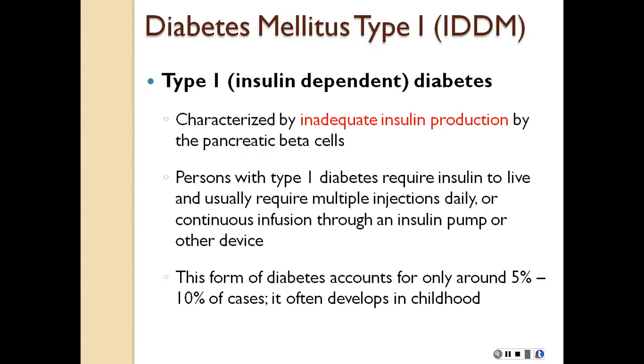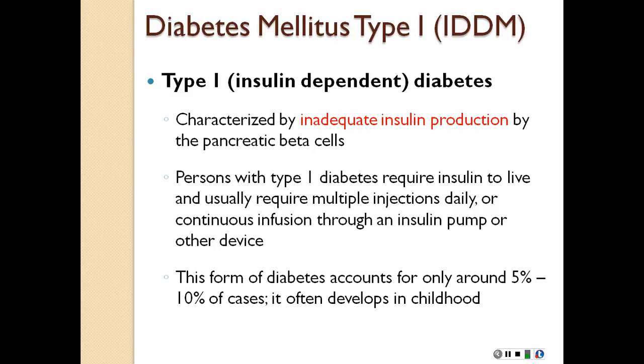Insulin. So they're going to need insulin injections or an insulin pump or other devices. And this form of diabetes mellitus accounts for only about 5 to 10% of cases. So most diabetes mellitus cases are type 2.